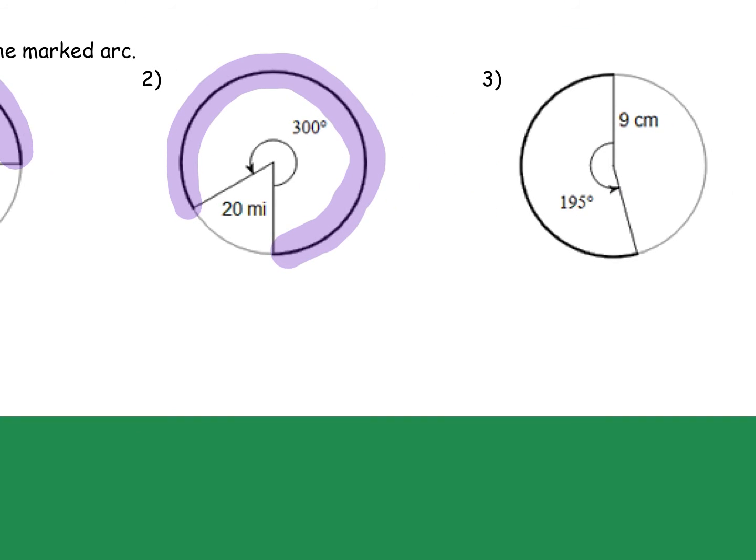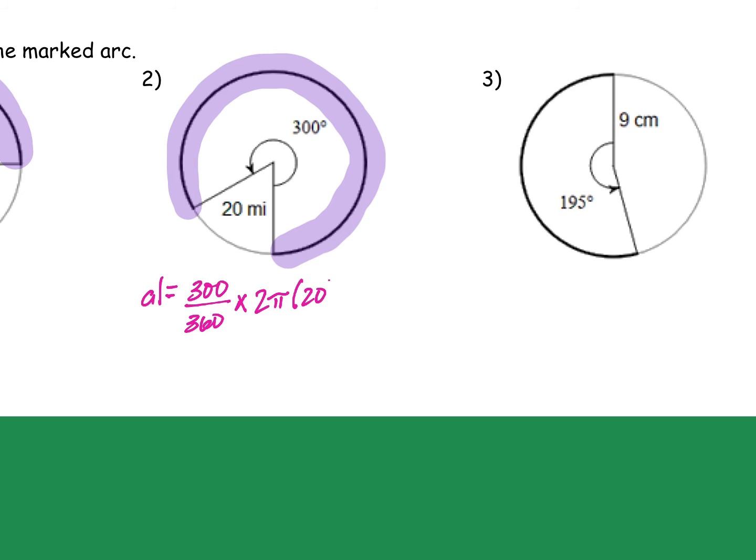All right, so we're going to do the same thing for number 2. Did they give you a picture of the circles? Yeah, with C, G, and H, and F and G is 7. Okay. So we've got 300 divided by 360 times 2 pi times my radius, which is 20 miles.